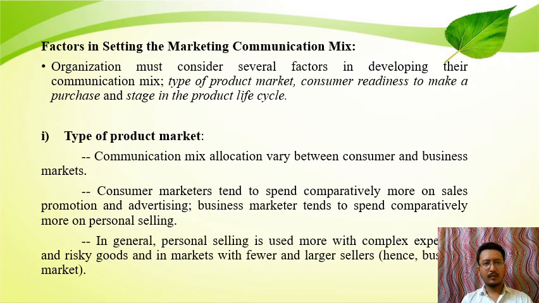So if your product market is consumer centric, then marketers usually tend to spend more on sales promotion and advertising, because in order to reach a large number of consumers, you can use advertising or even make it more effective through sales promotion activities, right?